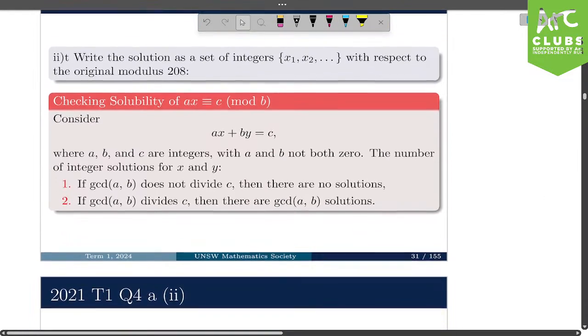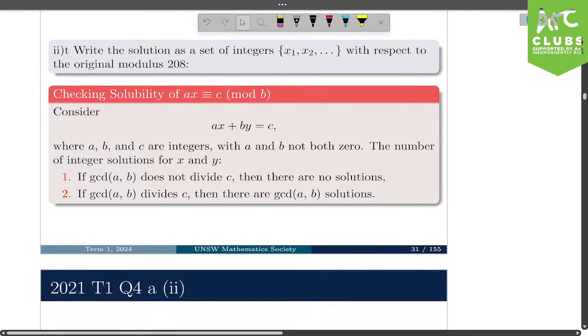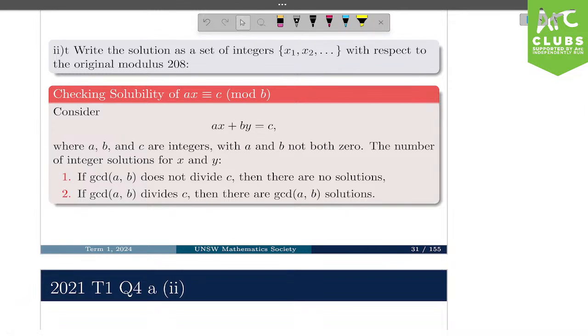The number of solutions for x and y is 0 if c is not a multiple of the GCD of a and b, and it is infinite if c is a multiple of the GCD of a and b.